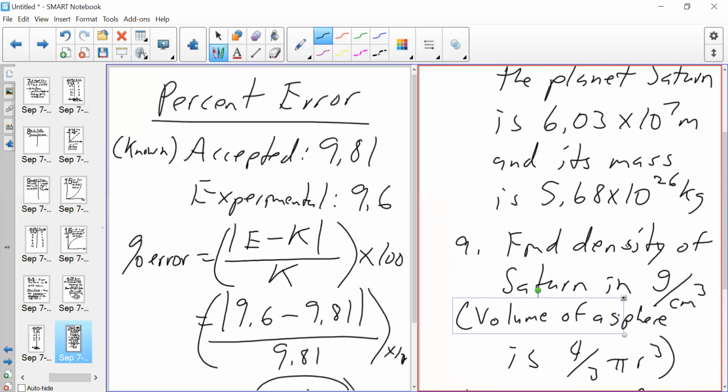And remember that density, usually some books say just D, rho, equals mass over volume. This is the density equation. Okay, and that is that.